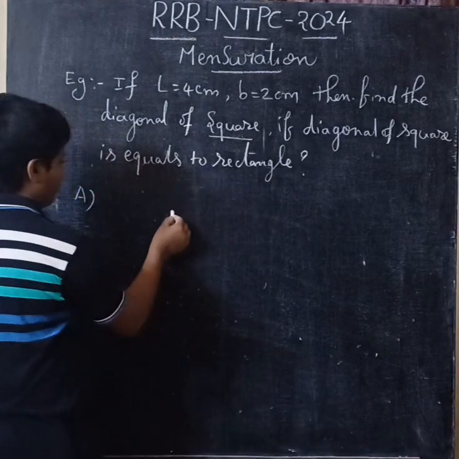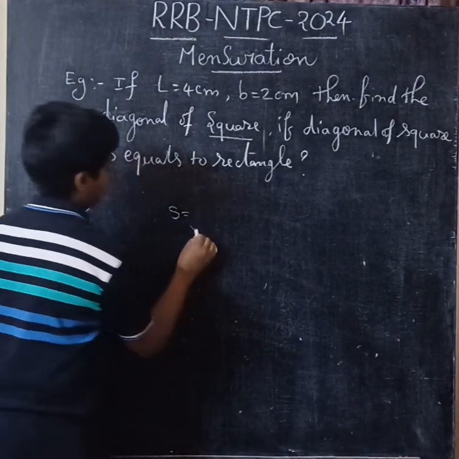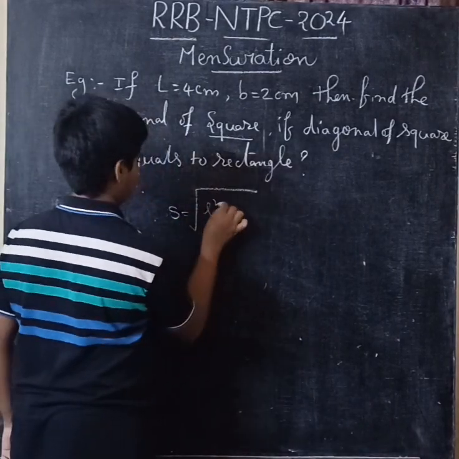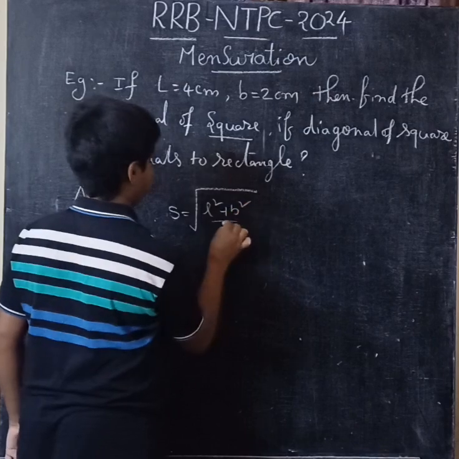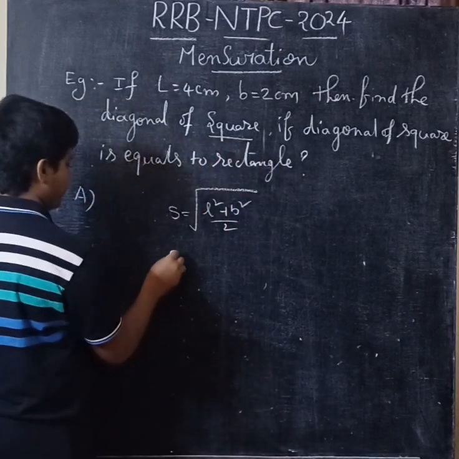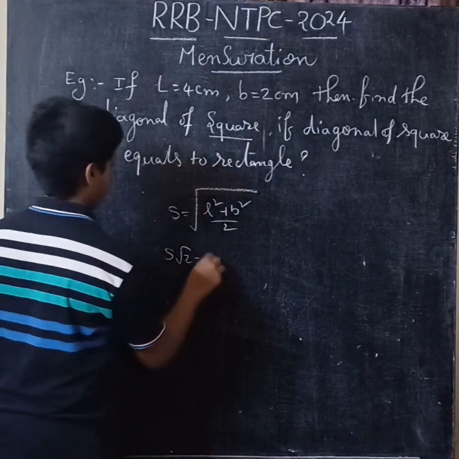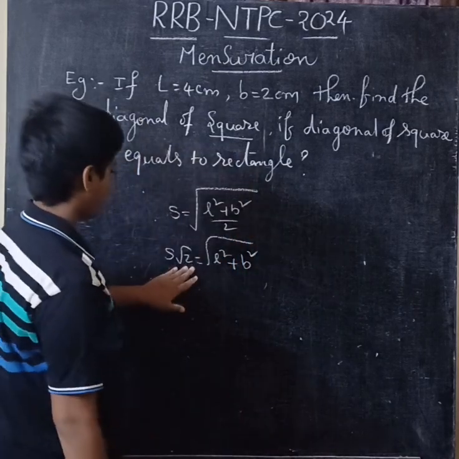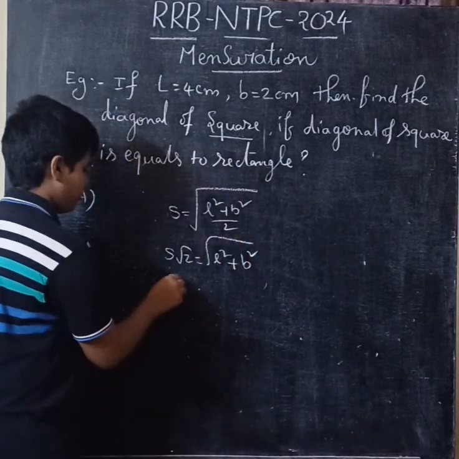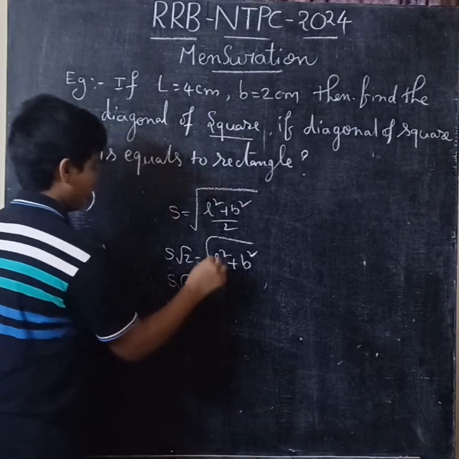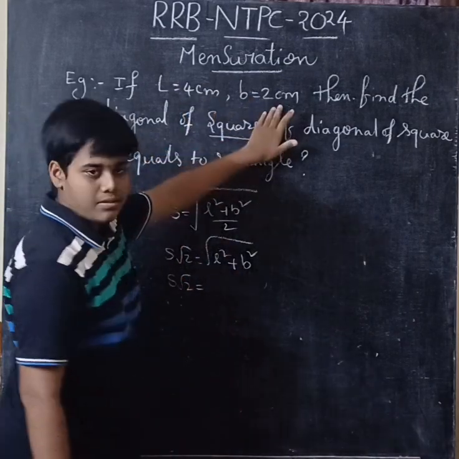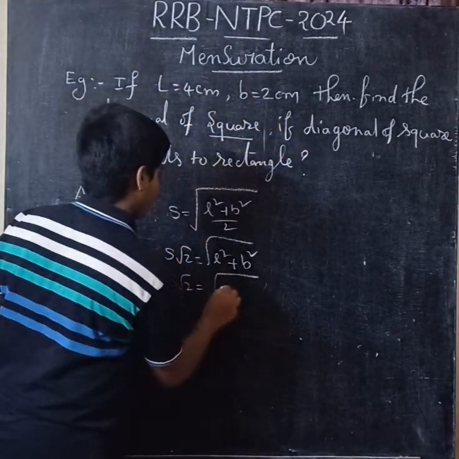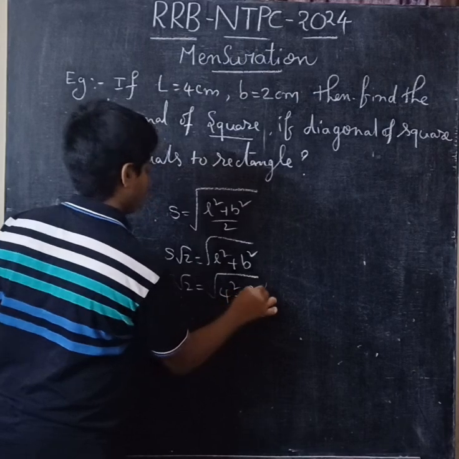Here we already know the formula. Side is equal to root over L square plus B square by 2. So from this we can write S root 2 equals root over L square plus B square. So this is the diagonal. So S root 2 is equal to root over 4 square plus 2 square.